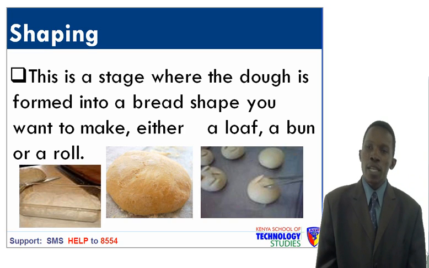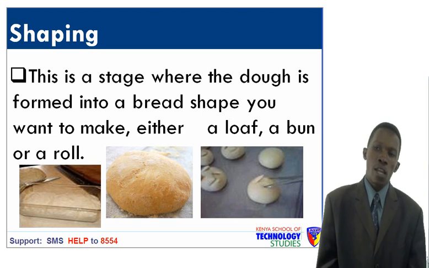And then we proceed to the next stage, which is shaping. It is a stage where the dough is formed into the bread shape you want to make, either a loaf, a bun, or a roll.